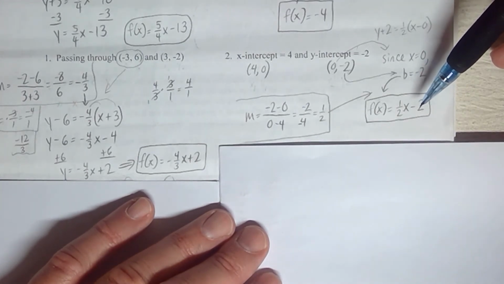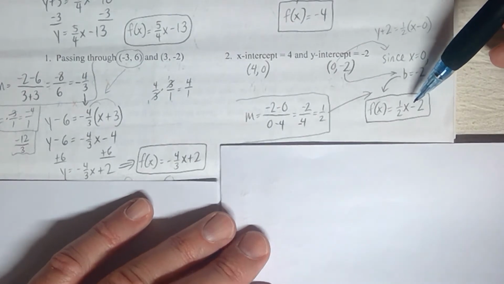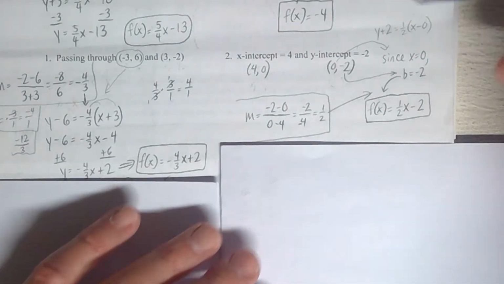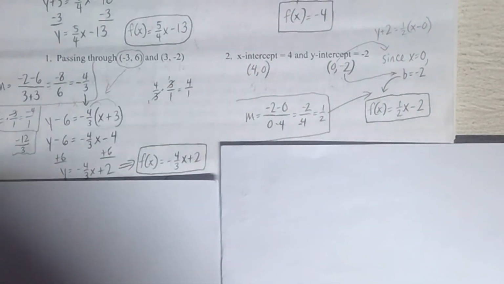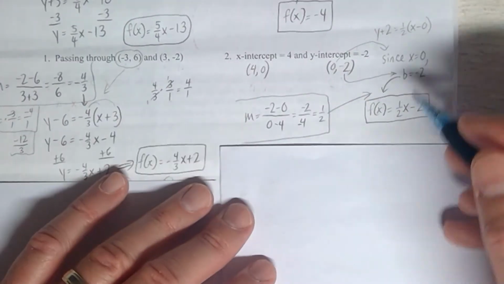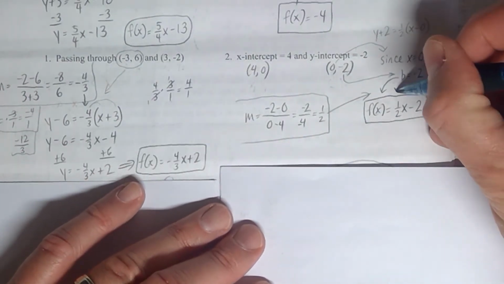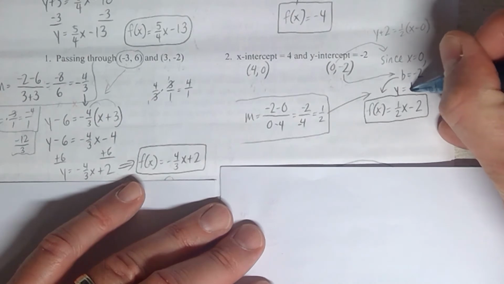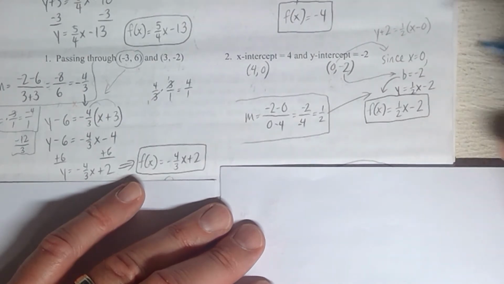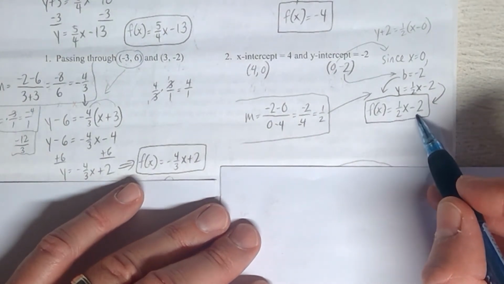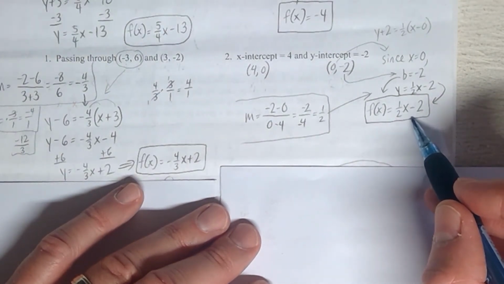When I plugged in negative 3 for the b there, here it's negative 2, and I plugged that in the same manner. So we end up getting y equal to 1/2 x minus 2, and then I changed that to f of x equal to 1/2 x minus 2.